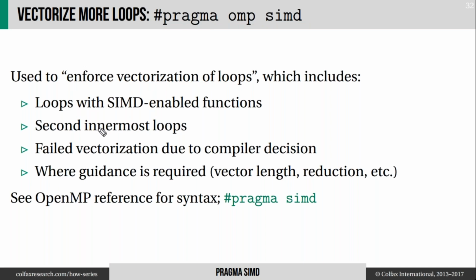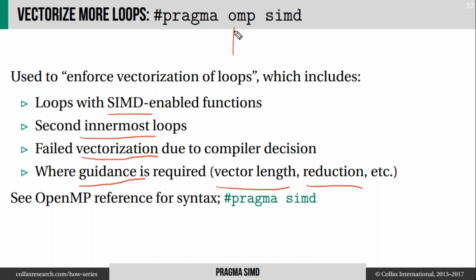It is useful compared to automatic vectorization when you have SIMD-enabled functions, when you want to vectorize loops that are not the innermost loops, when vectorization fails due to the compiler's decision and you want to override this, and when you need to guide the compiler regarding the vector length, reduction, and so on.